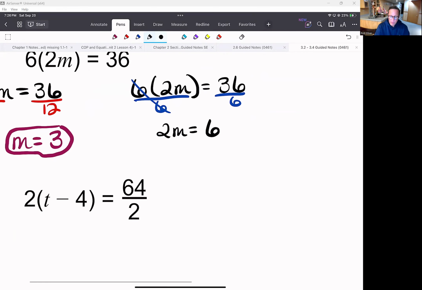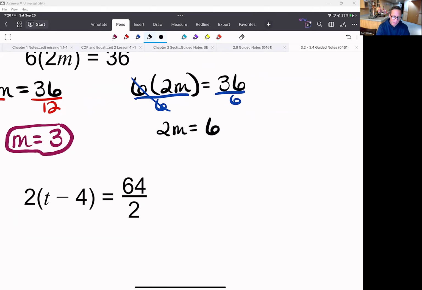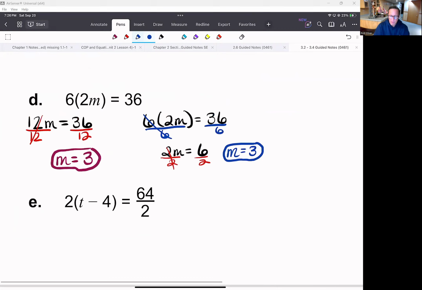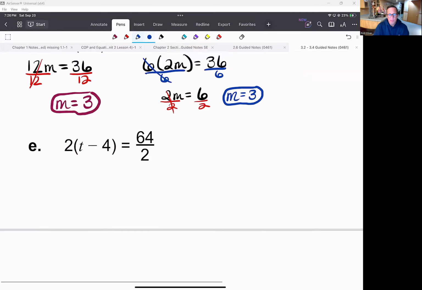Then multiply by the multiplicative inverse of 2, which is divided by 2, and then you get m equals 3. Same thing, right? So a couple different ways you can do it, and same result.